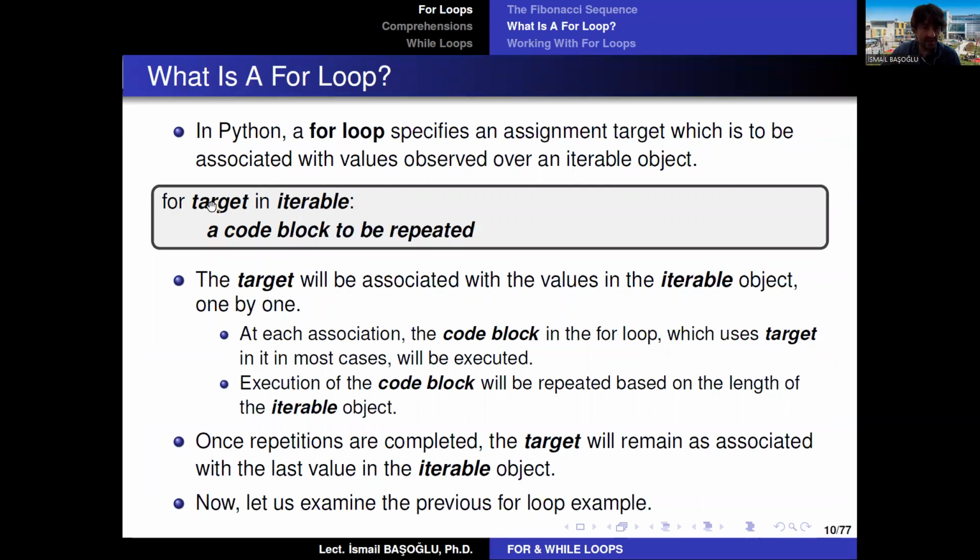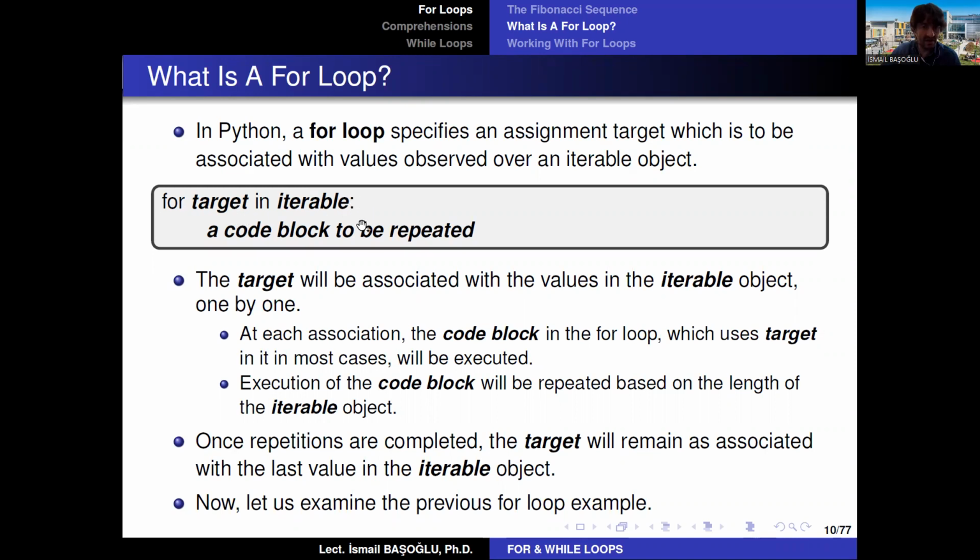And the variable will be associated with values in an iterable object, such as a list or a tuple or a range or string or a set or frozen set or dictionary. Okay, so this iterable object contains a sequence of elements which may or may not be subscriptable, but definitely iterable. And in the for loop, the target variable will be associated with each of these elements in the iterable object.